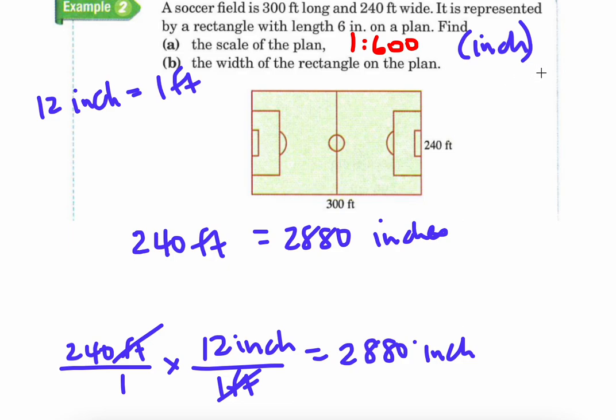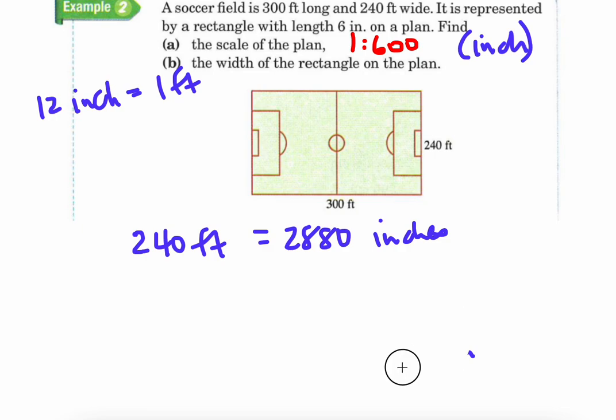All right, now it's basically saying, well, on my plan, every 1 inch is equivalent to 600 inches. So now I have to figure out, well, how many inches would that look like on my piece of paper, my plan then? If I'm basically converting each 600 inches into just 1 inch.